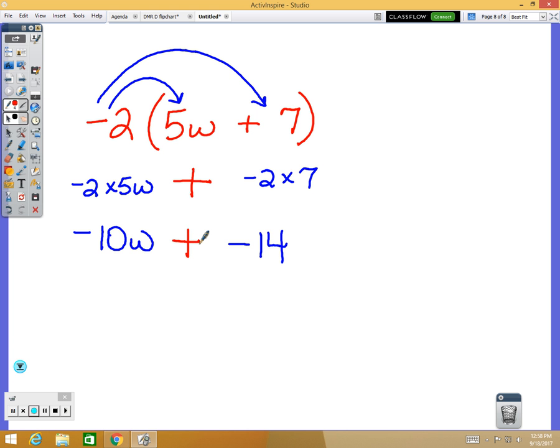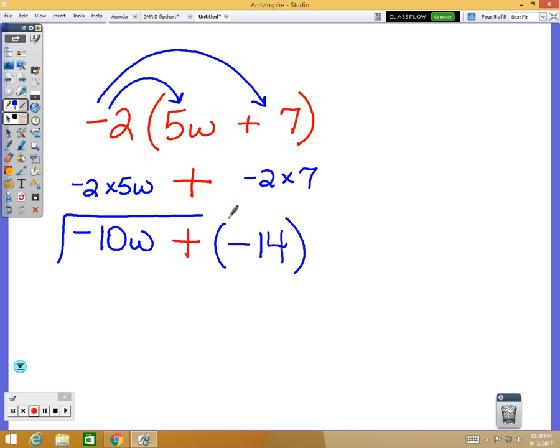The only other thing that I would want to say about this is, what did I say about when you have two signs right next to each other? We need to separate them. How do we separate them so they don't get in a fight? Parentheses. I'm going to put parentheses in here so that those signs aren't right next to each other. And that's it.